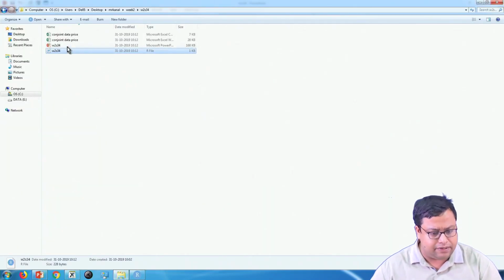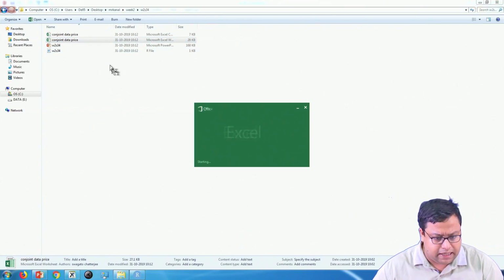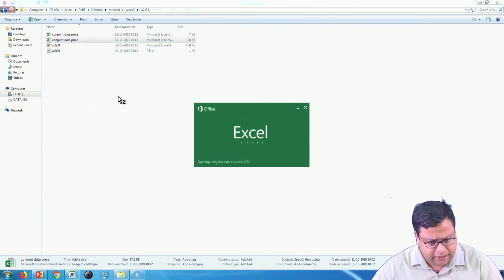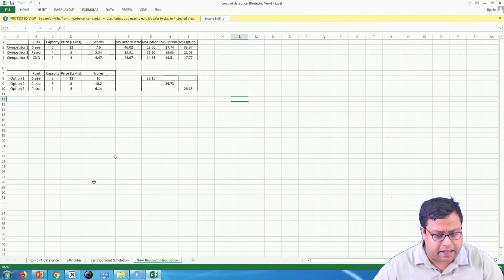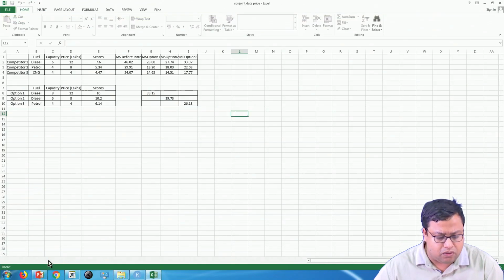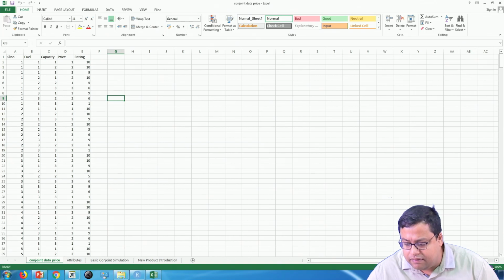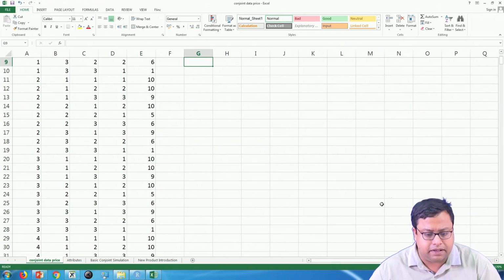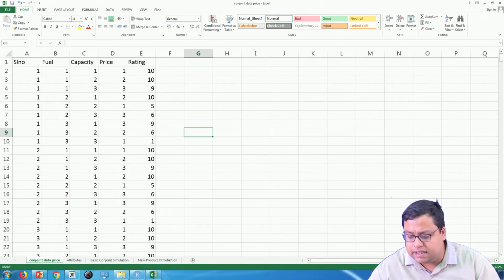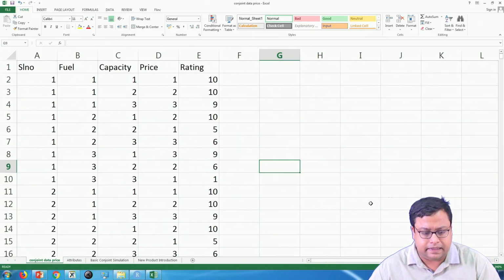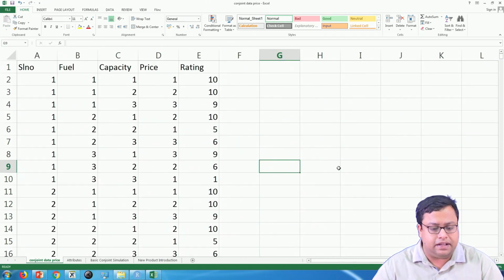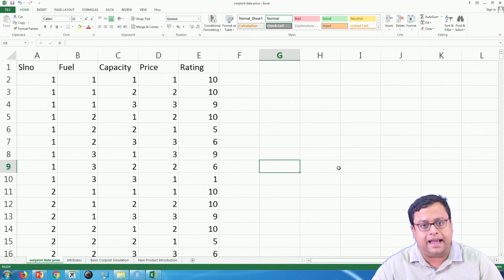In your data set there will be a conjoint data Excel file, conjoint data price Excel file, and if you go to the first one, I will just make it a little bit bigger, you will see in this particular file there is a serial number and then fuel, capacity, price and rating.